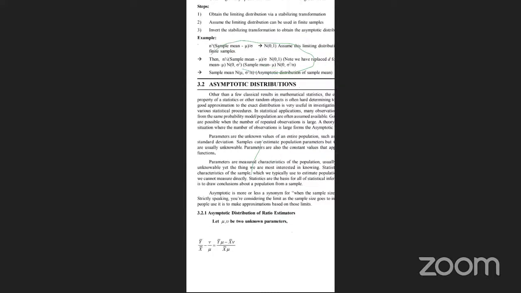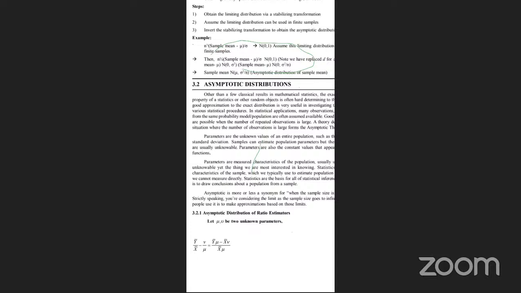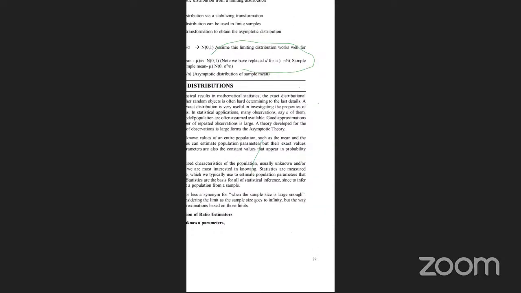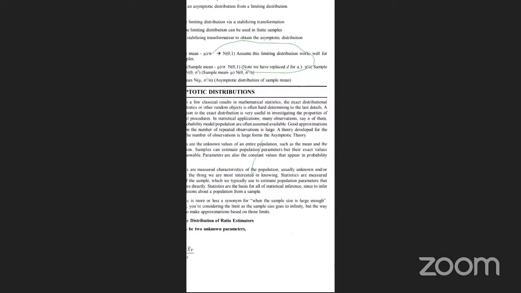Asymptotic distributions. Other than a few classical results in mathematical statistics, the exact distributional property of a statistic or other random objects is often hard to determine to the last detail. A good approximation to the exact distribution is very useful in investigating the properties of various statistical procedures.